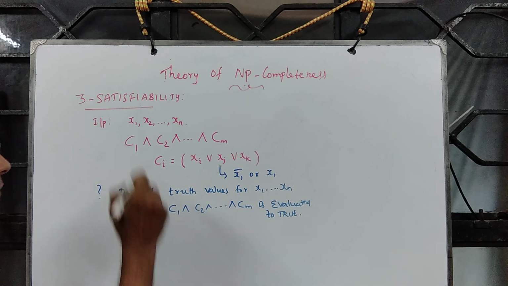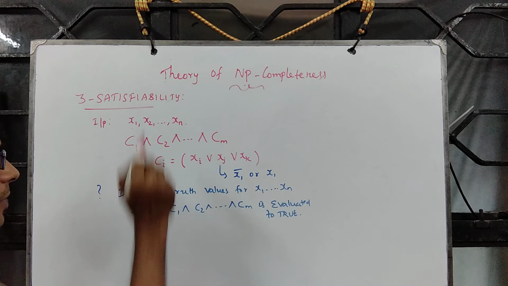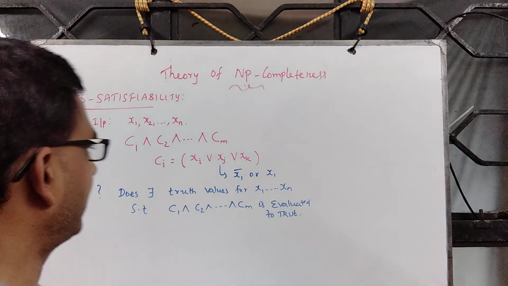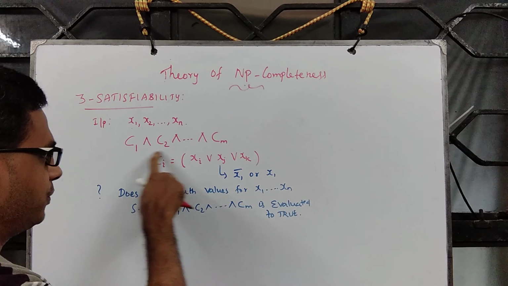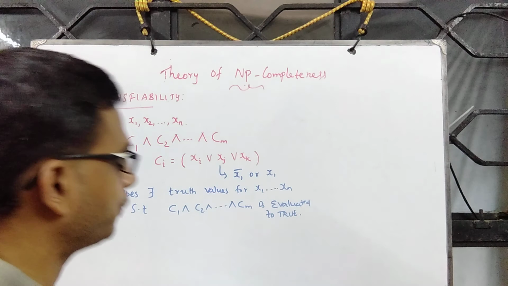Okay, so we want to find the truth values for x1, x2, and so on up to xn, like x1 is 0, x2 is 1, x3 is 0, like that. And plug into this formula and check whether the formula is evaluated to true.